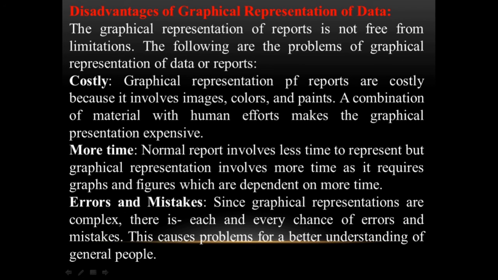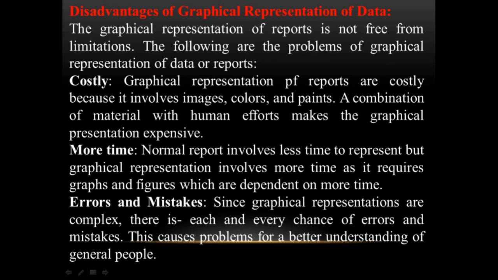A combination of material with human efforts makes the graphical presentation expensive. Number two, more time. Normal reports involve less time to represent, but graphical representation involves more time as it requires graphs and figures which depend on more time.